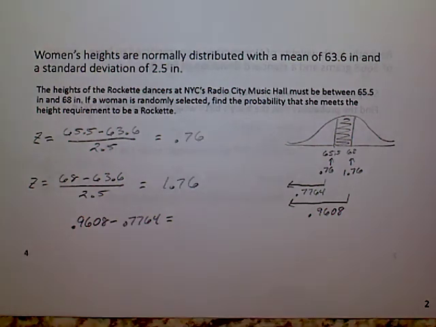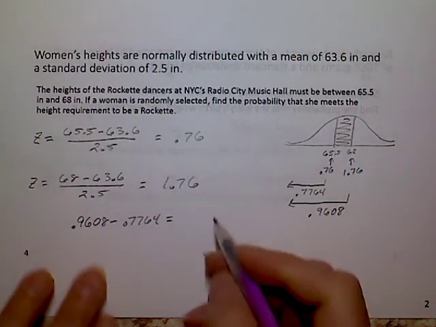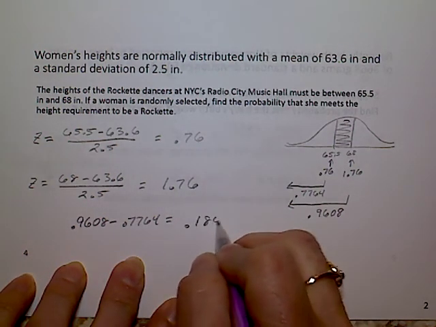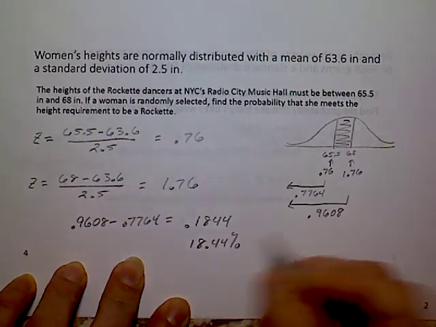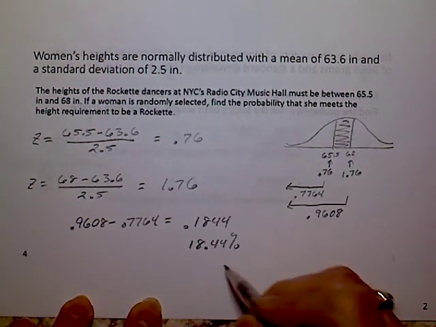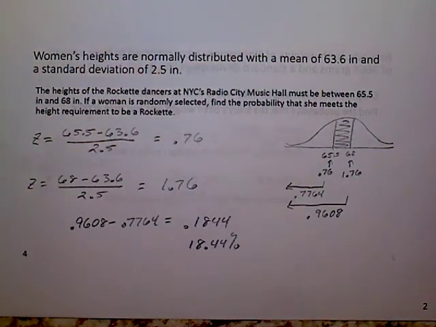Typo. Here we go. 0.1844. So, you're walking down the street, you grab a woman. There's an 18.44% chance that she is going to fall into the height required to be a Rockette. Huh, so easy to be a Rockette. What do you know?